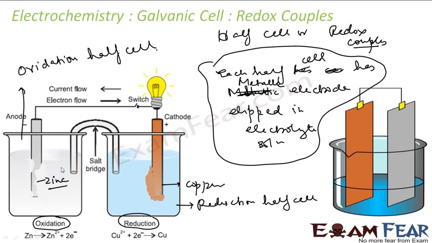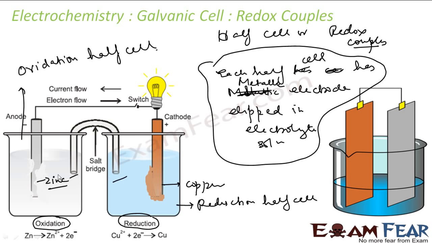Also note that these two half cells are connected by a metallic wire. This is my metallic wire, right? Through this metallic wire I can attach a bulb or a voltmeter or a switch, right? And the electrolytes of these two half cells are connected through a salt bridge.